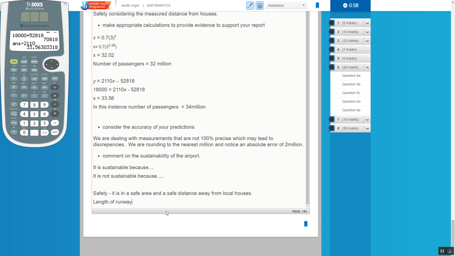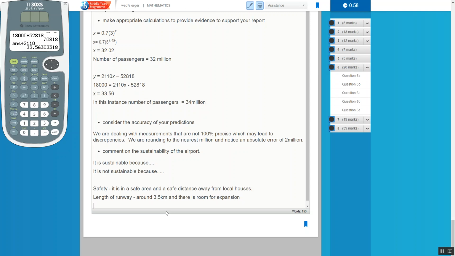There is around 5 kilometers, and there is room for expansion. Room for expansion of the total airport. Land to add more runways.